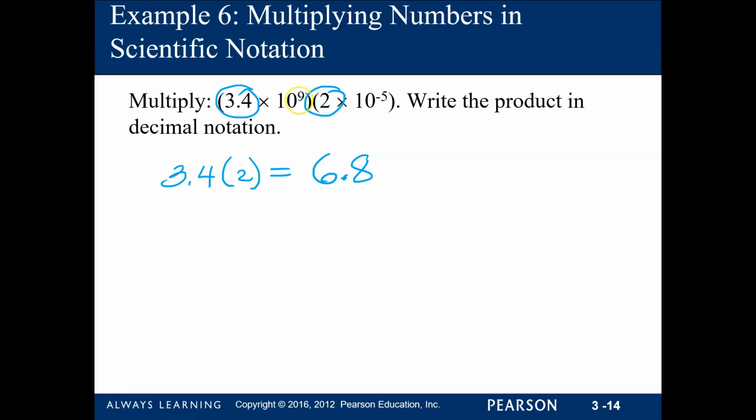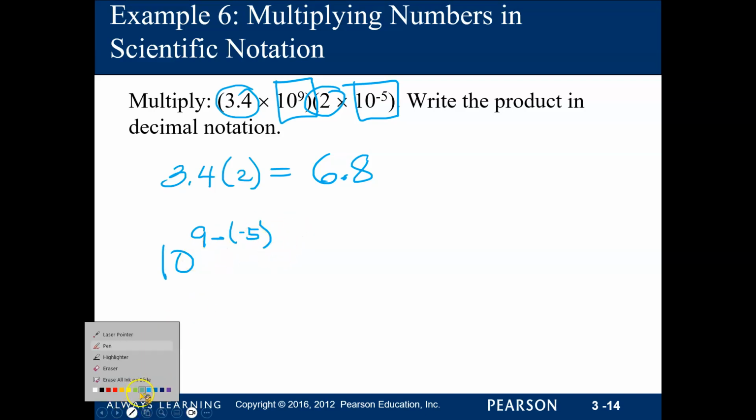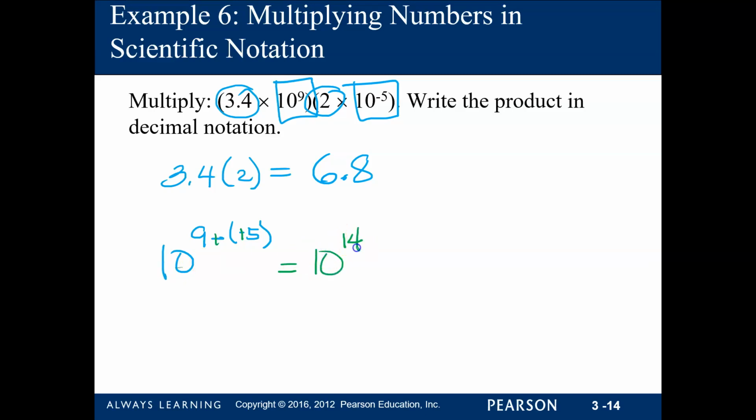Now looking at our exponents, 10 to the 9th and then 10 to the negative 5. So remember, it's going to be 10 to the 9th minus the exponent, which is negative 5. And if we apply the rules of subtracting integers, we change the sign and then we add. Oh, sorry, my bad.